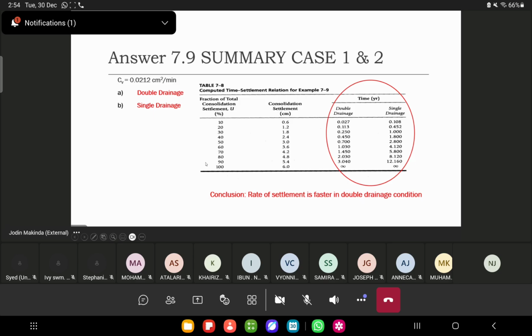For example, 90% consolidation will take 3 years for double drainage, but for single drainage it takes 12 years. So the conclusion is that the rate of settlement is faster in double drainage condition.